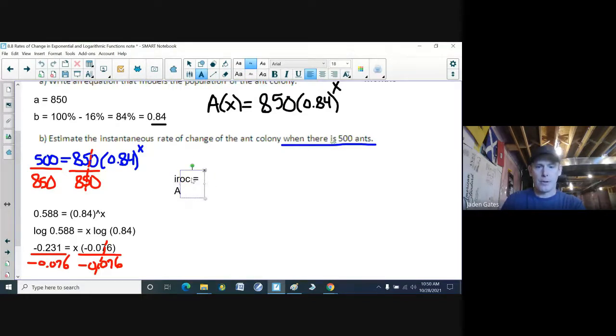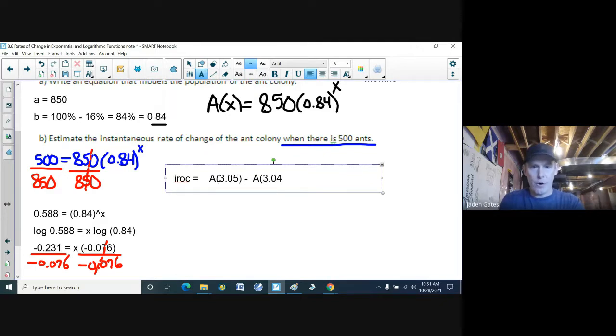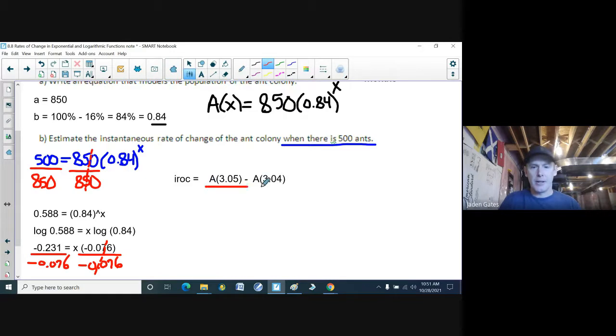And I've got to go a little bit above 3.04, which would be 3.05, minus the amount at 3.04. All right, and of course that is divided by our x2 minus x1, which in this case is 3.05 minus 3.04.